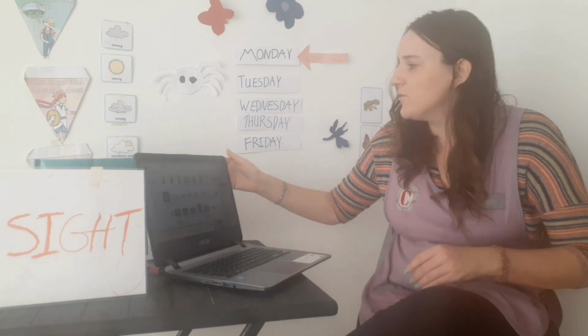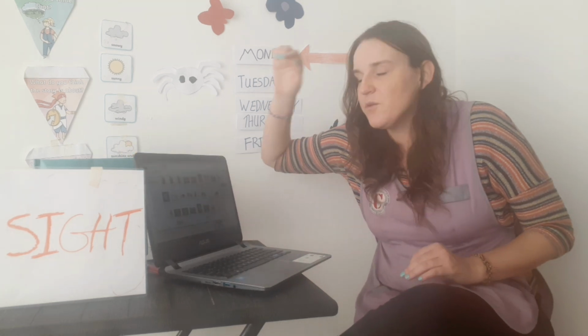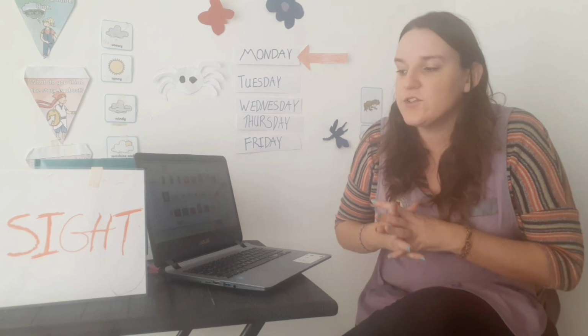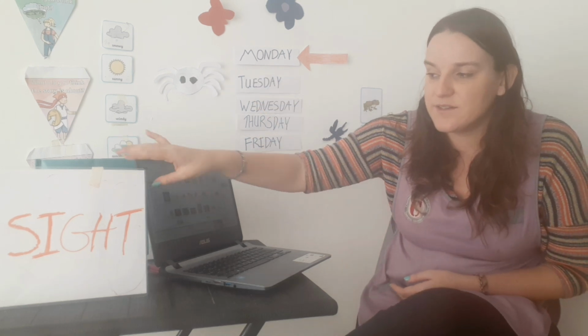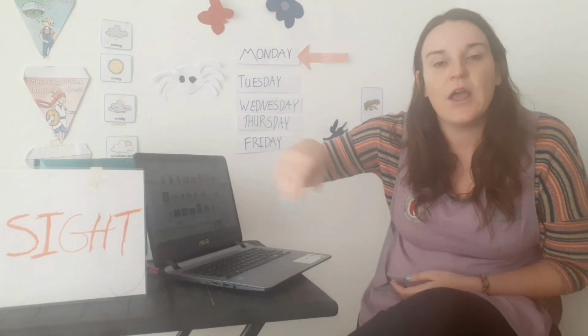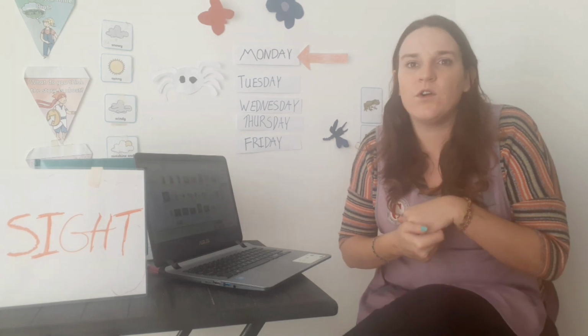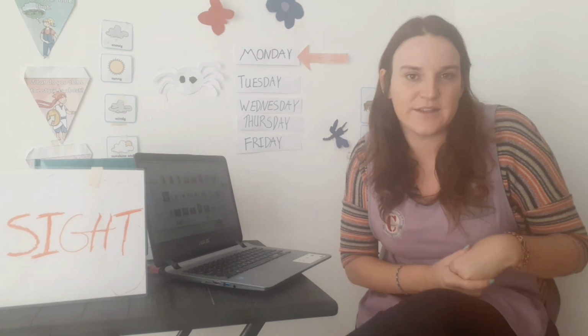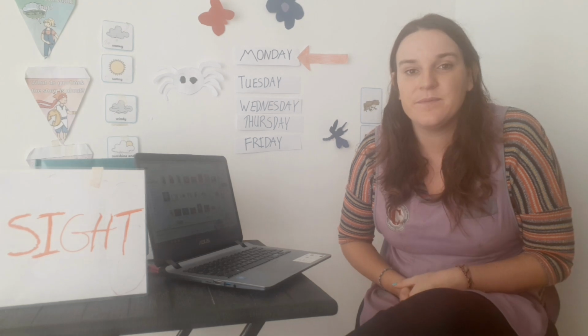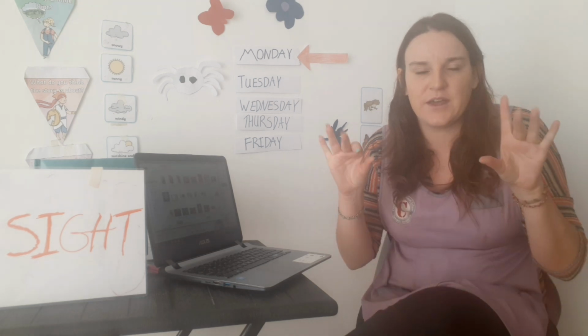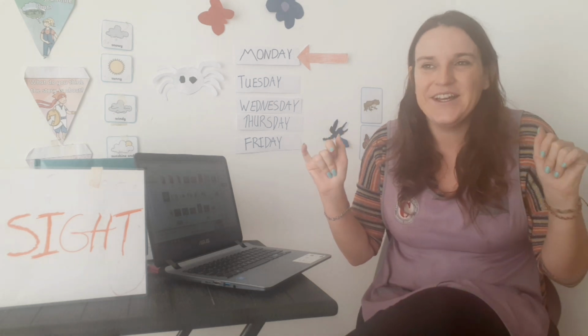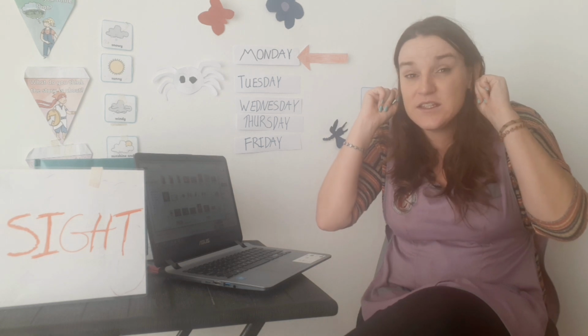So first of all, we are going to talk about our sight. When we see things, what part of our body do we see things with? Do you remember? Do we see things with our hands? No. Do we see things with our ears?